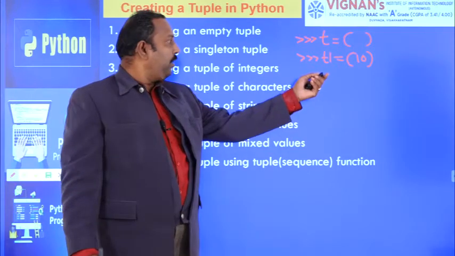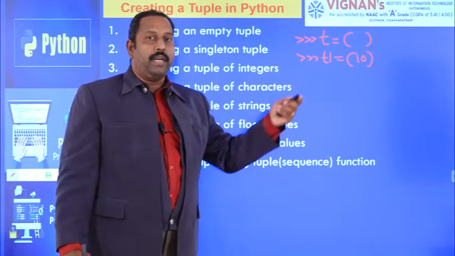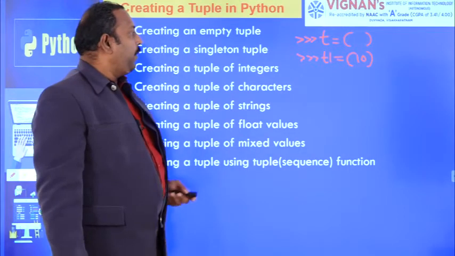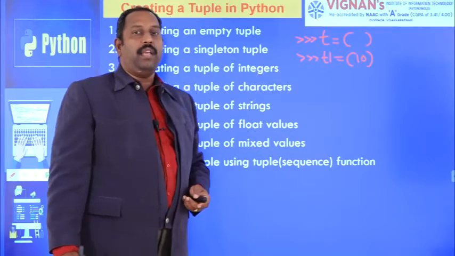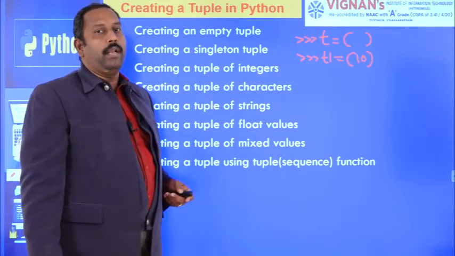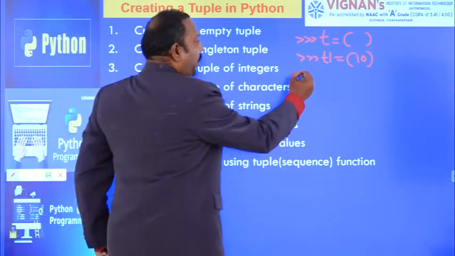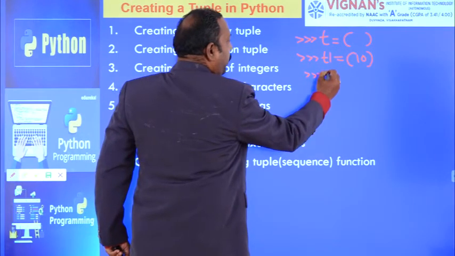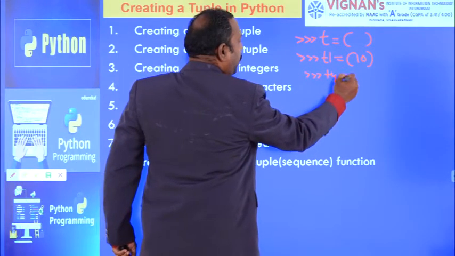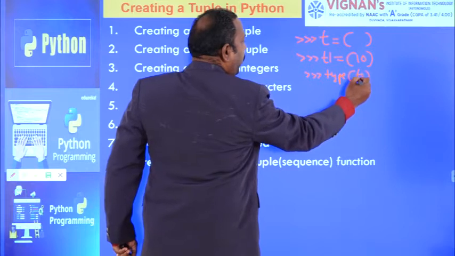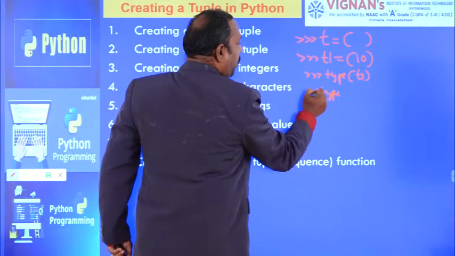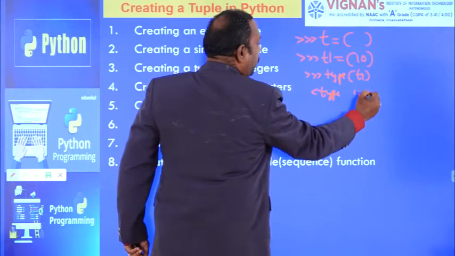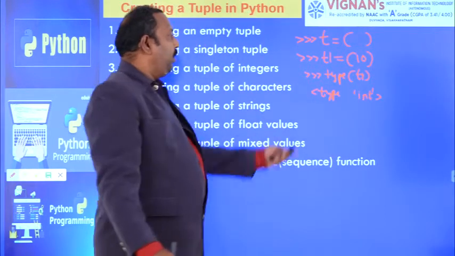The Python interpreter interprets t1 as an integer, not a tuple. If I type type of t1, you will get int, an integer only.